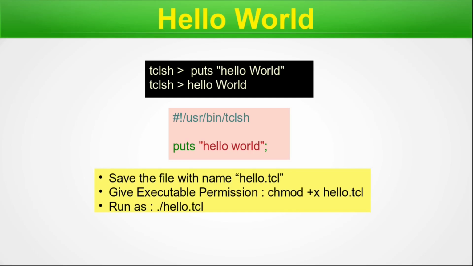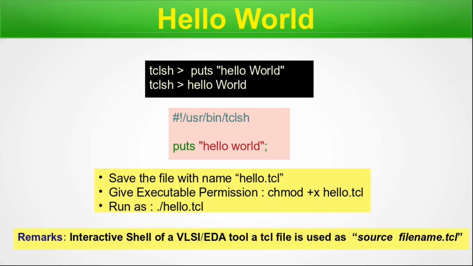So this way we can write our Tcl, at least for this entire series. For VLSI tools, what we do, in that interactive shell of the VLSI or EDA tool, a Tcl file is used as source filename.tcl. Okay, so your VLSI EDA tool shell is open, live, there you will source the filename.tcl. Now there is a catch here.